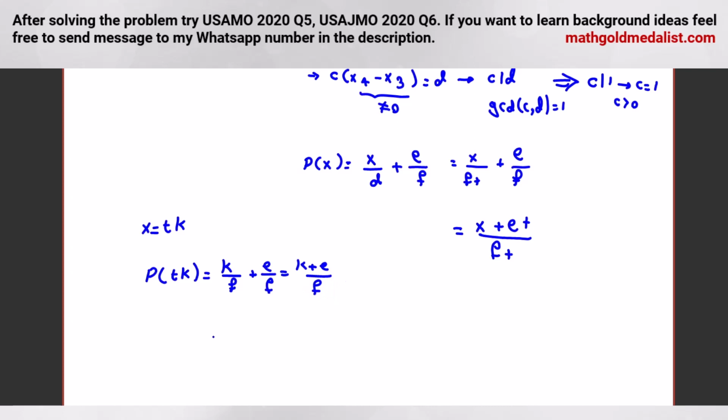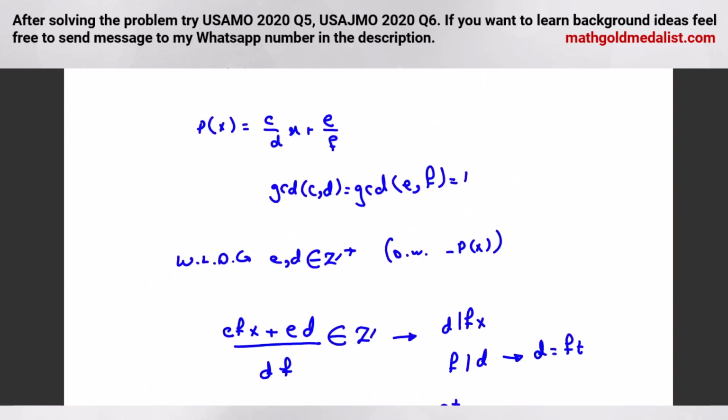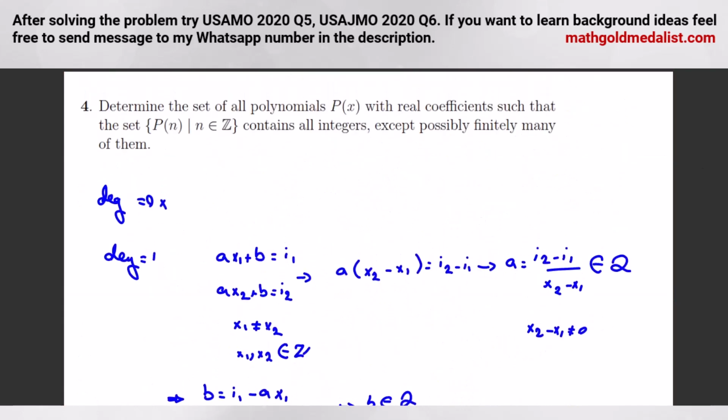So it seems that when we have p of x, it says find what? It says determine the set of all polynomials p with real coefficients such that these.